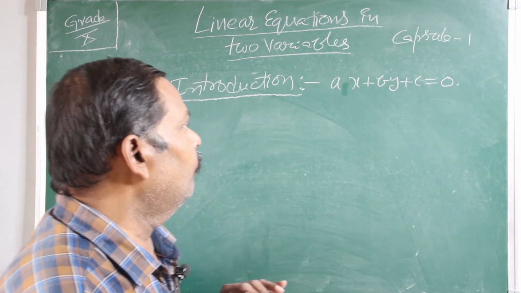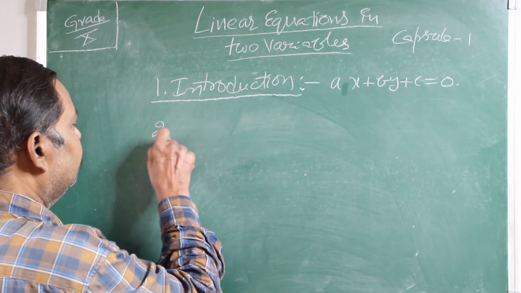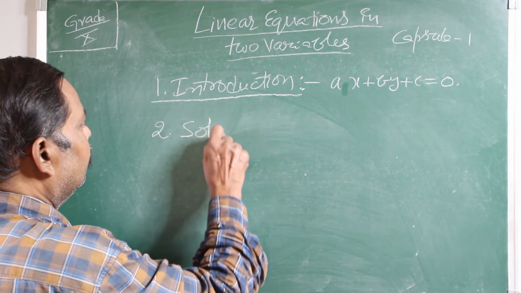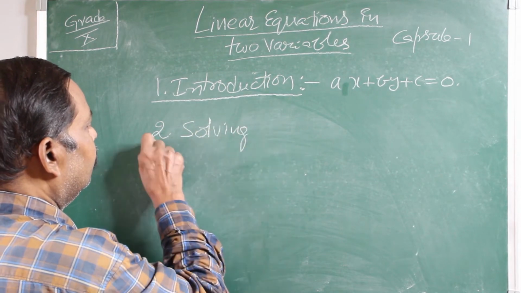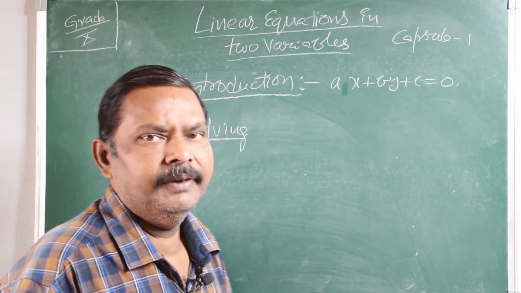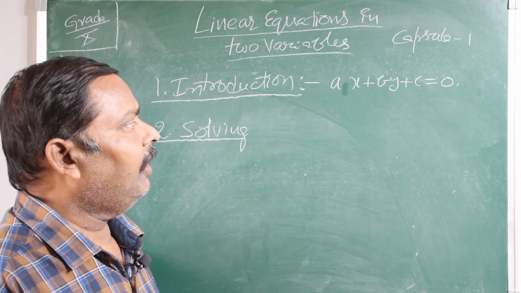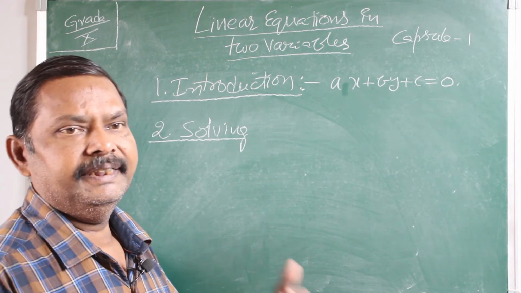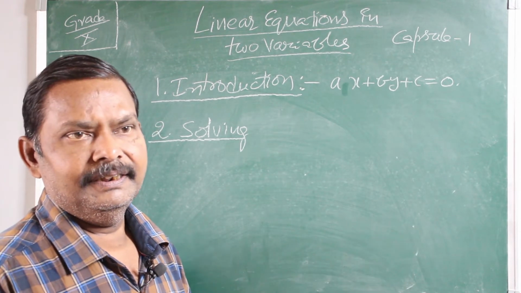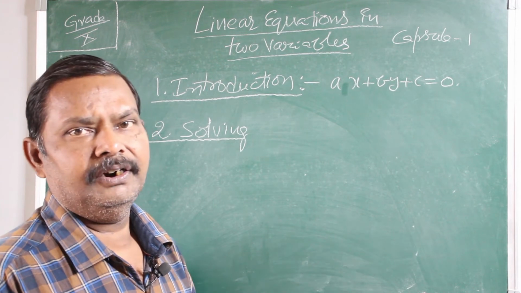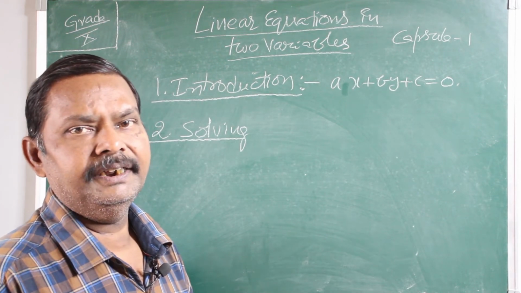Next, what do you mean by solving of the linear equation? That means for what values of x and y the equation is consistent. Those values of x and y are called solutions of the linear equation.